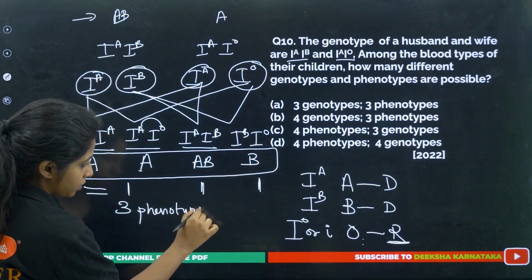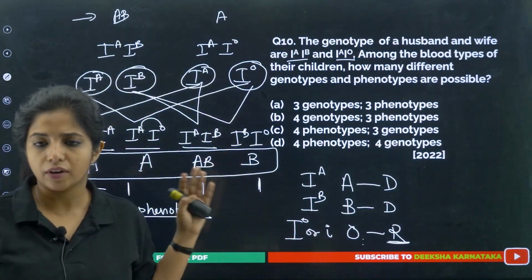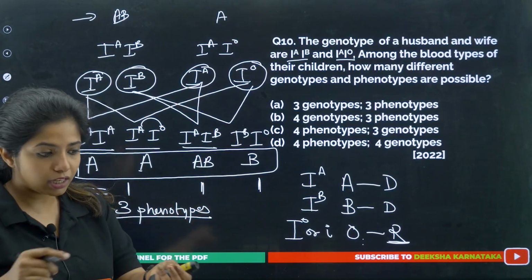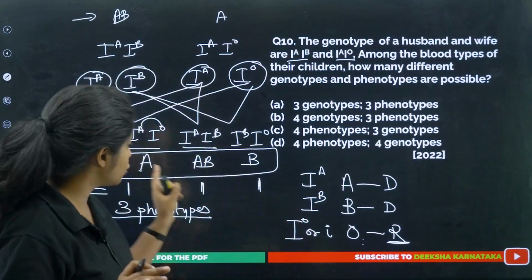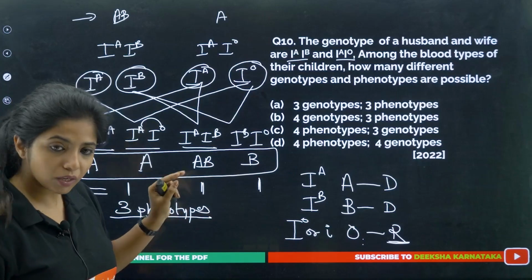Phenotypes, as in physical appearance. Even though it's not strictly physical appearance, we still say it's the physical character that we have. By blood group testing we can find out the phenotype. We cannot see the genotype, the genes present, obviously, but at least we can find the blood group.